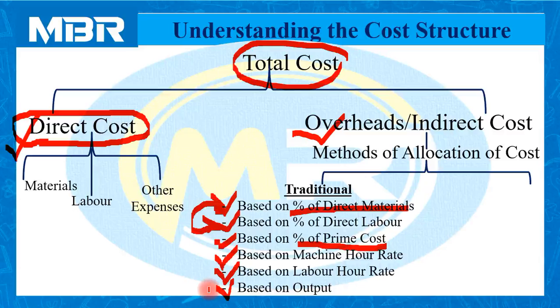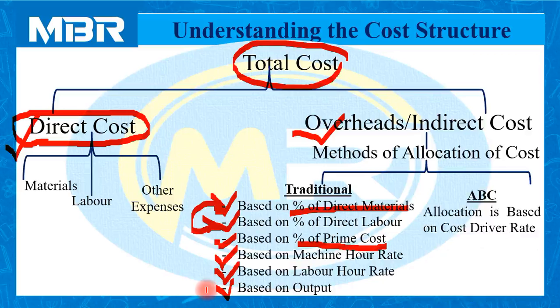In order to overcome the limitations of the traditional method of recovering overheads, a modern technique was developed, and this modern technique is known as activity-based costing, popularly known as ABC. In activity-based costing, overheads are allocated to the different products or for different periods of time based on cost driver rate.